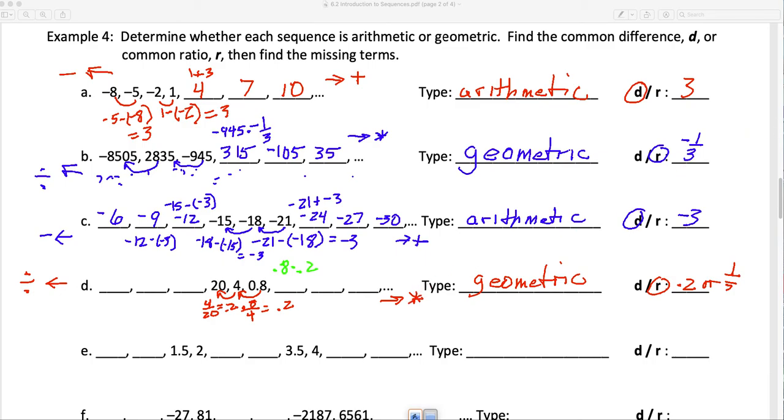All right, back here. So multiplying going forward, 0.8 times 0.2 is going to give me a 0.16. Okay, 0.16 times 0.2 is going to give me a 0.32. And you probably could tell where this is going. If I keep multiplying this by 0.2, the next one's going to be 0.64. So the pattern is actually, and I'm leaving out the zeros.